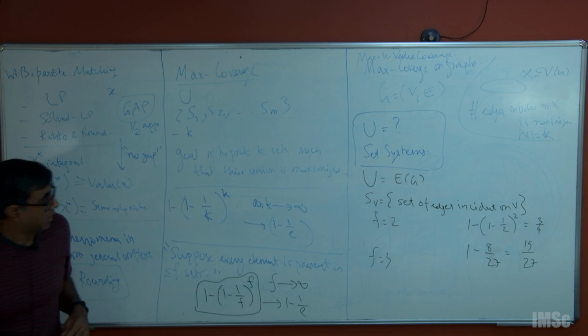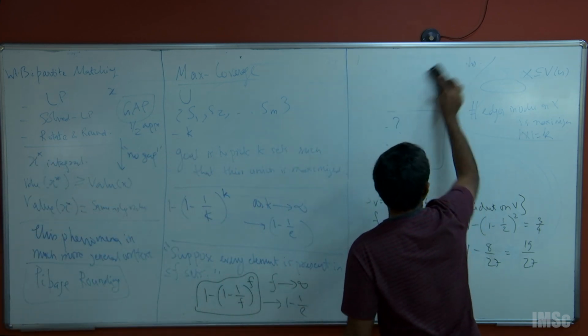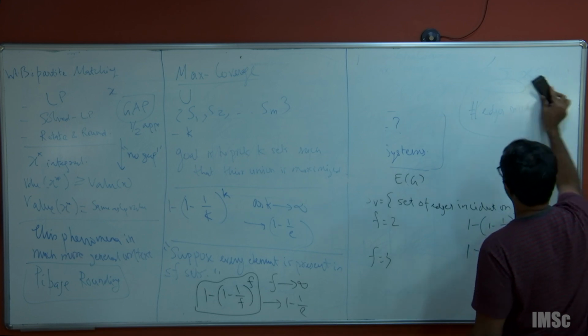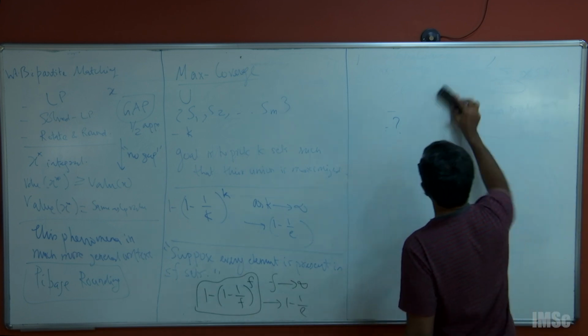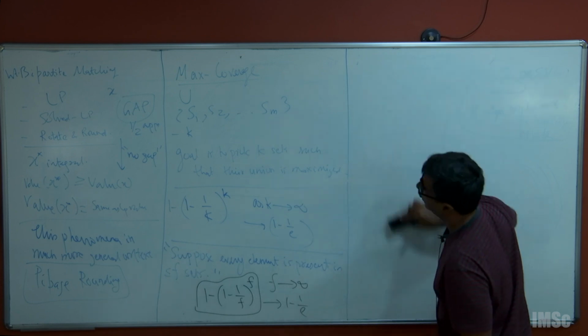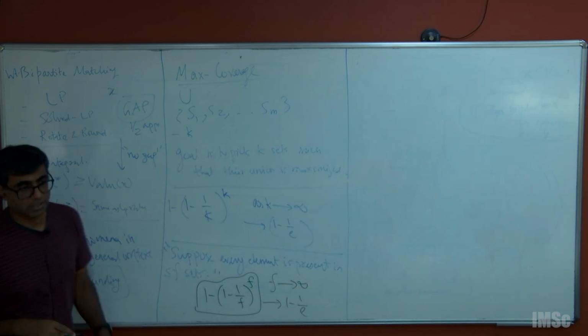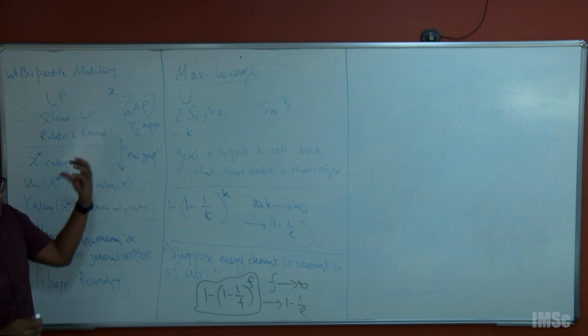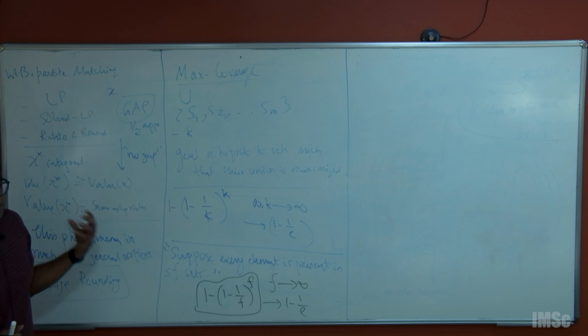Okay, so let's try to write an LP formulation for this. How will we write an LP for this, right? What are we going to pick? We are going to pick these sets, right? But what are we trying to maximize? The number of elements that are covered.